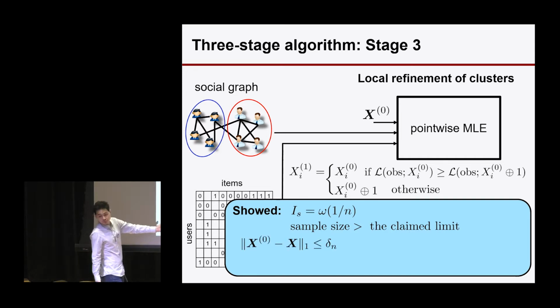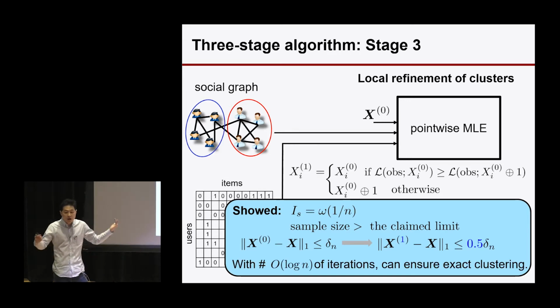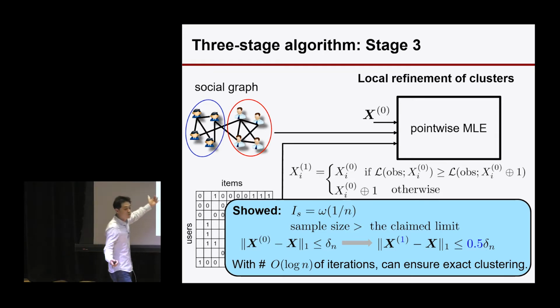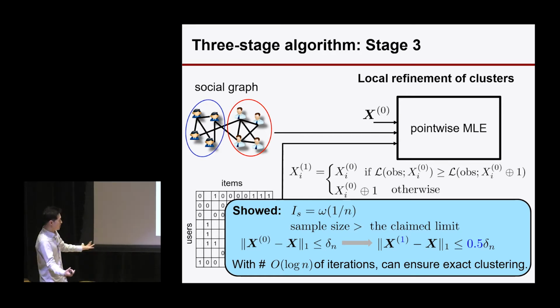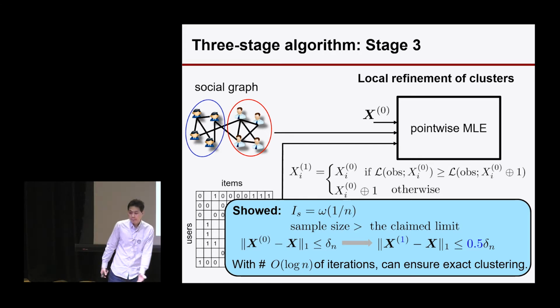That's what we show. Then this suggests what? With around log n iterations, we can ensure the exact clustering, right? Because with one iteration, we can improve the error by a factor of 2. So with log n iterations, we can guarantee the exact clustering. This is how we prove the achievability.